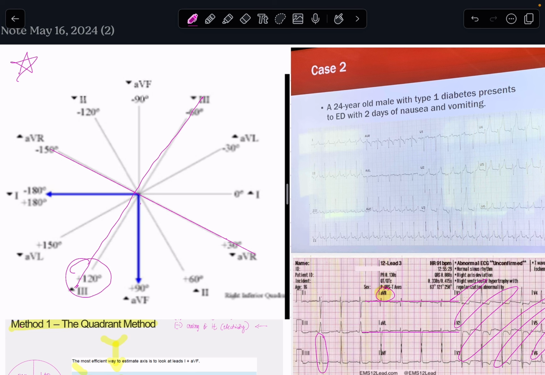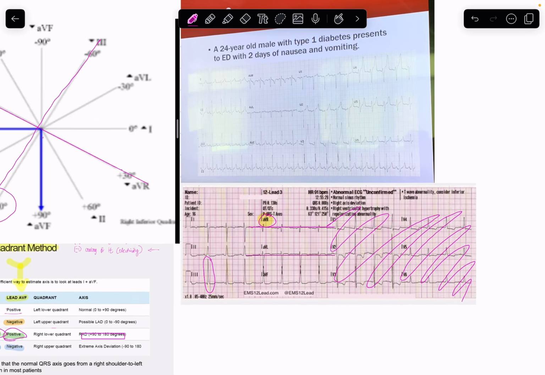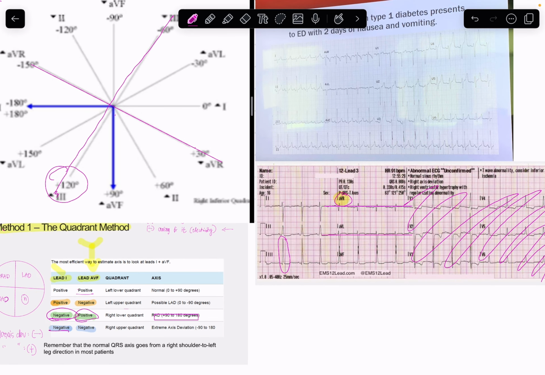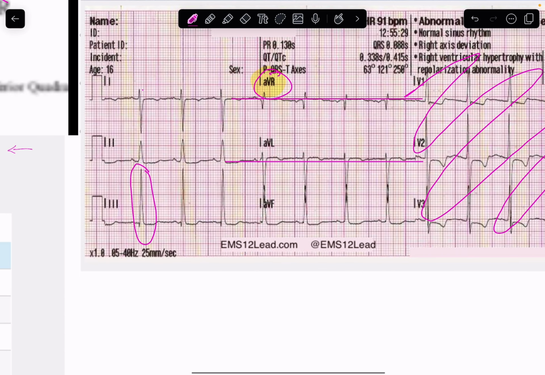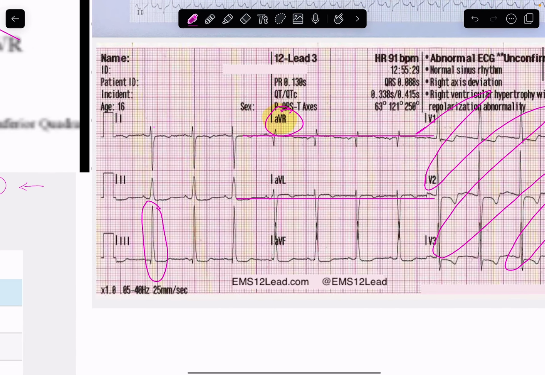If you want to be even more precise, you can compare and look at which one is the next most positive lead. In our 12 lead, the next most positive lead is actually AVF.